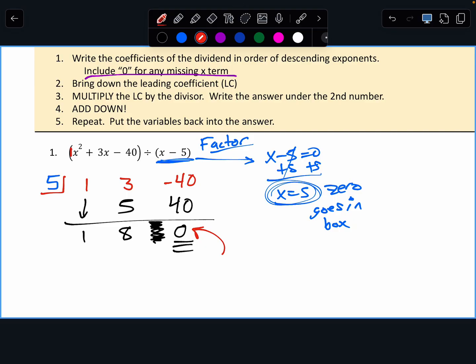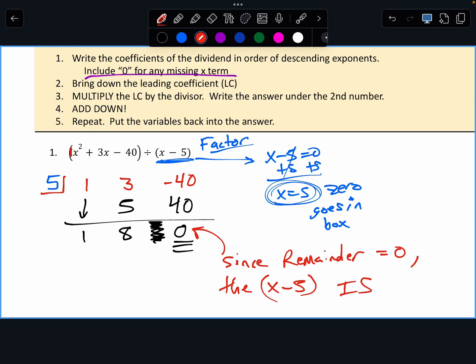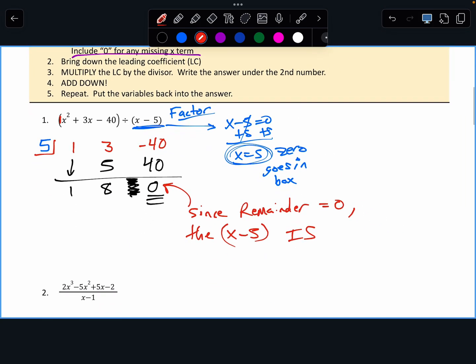If you have a 0 remainder, that means that it checks out. So what we say is, since the remainder equals 0, which is what we want, then that factor, x minus 5, is a factor of the polynomial, able to divide this polynomial.